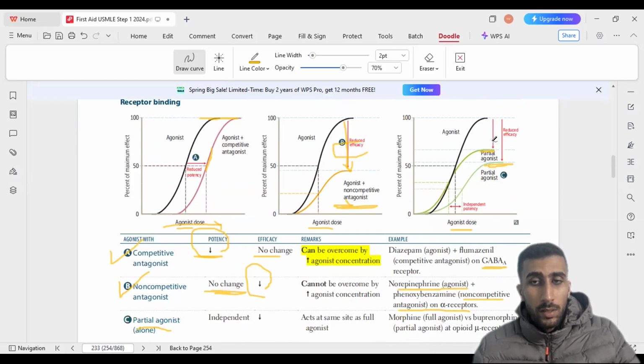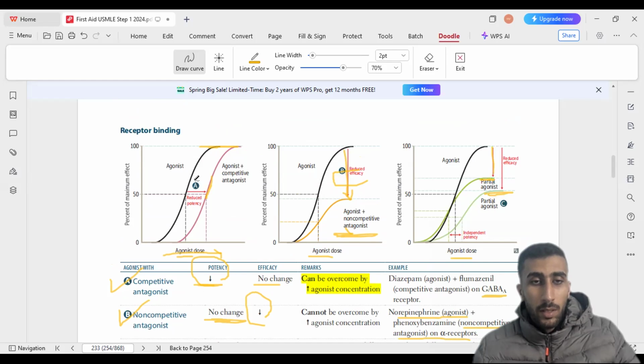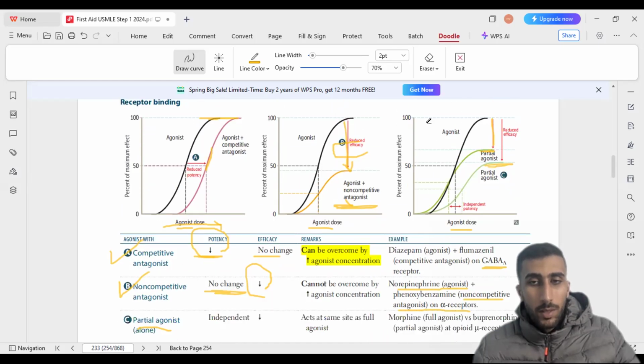This difference is the reduction of efficacy between them, and it is independent of potency. The one that affects potency is the competitive antagonist, while the non-competitive antagonist and the partial agonist mainly affect the efficacy.